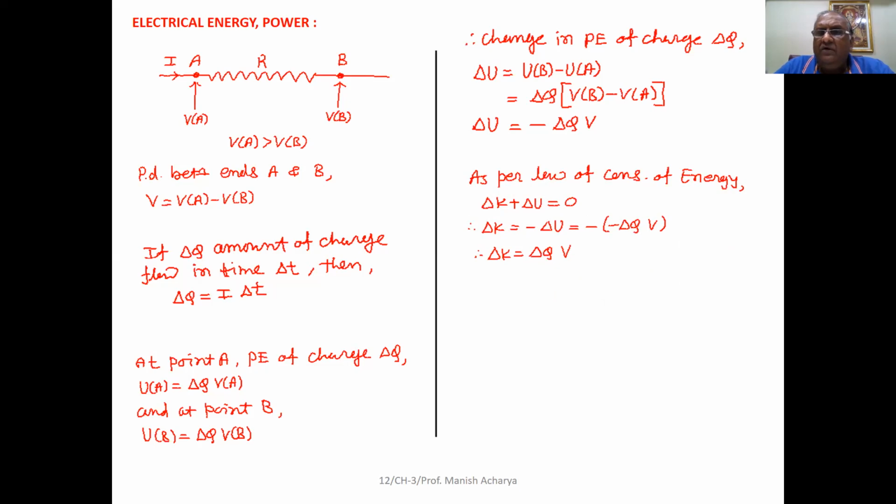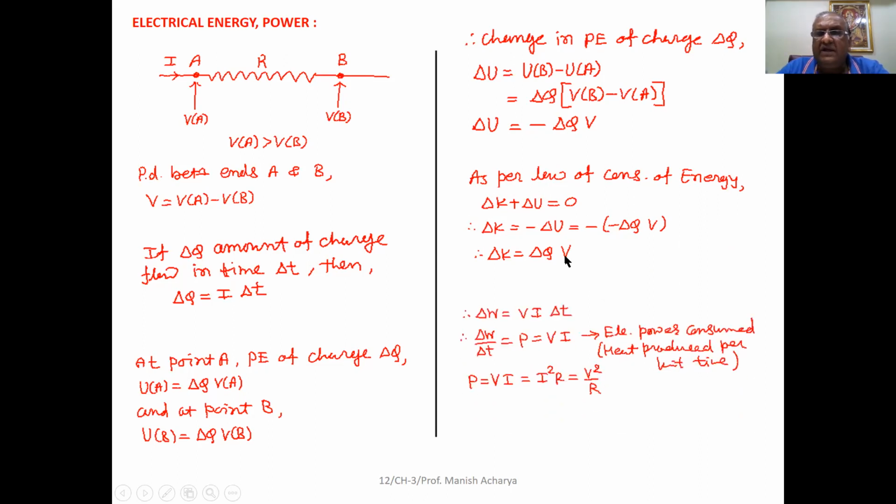Now, as per the law of conservation of energy, we can write delta K plus delta U equal to 0. So delta K is minus delta U. Substituting the value of delta U, which is minus delta Q into V, this is equal to delta Q into V. Therefore, change in kinetic energy is delta Q into V. Now, as per the work energy theorem, the change in kinetic energy is equal to work done.